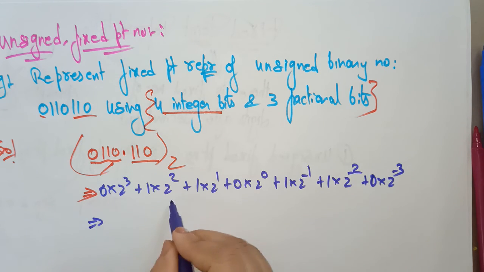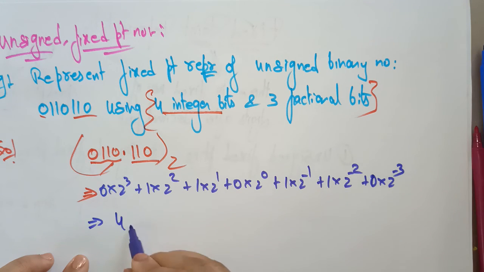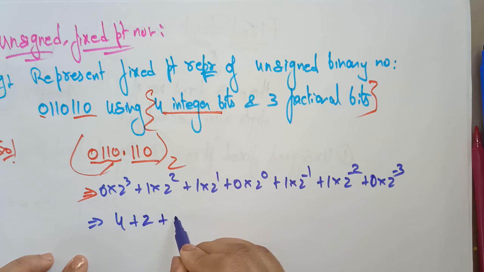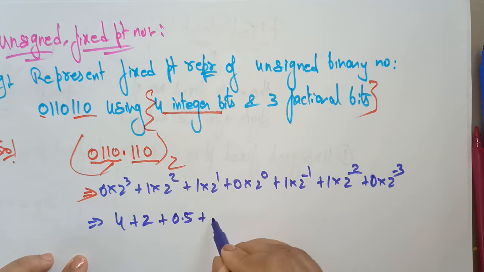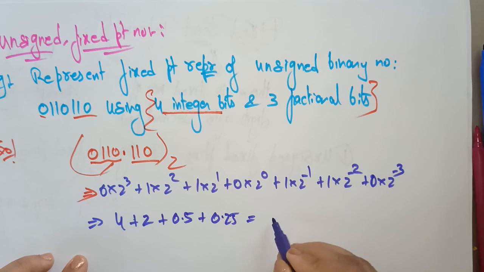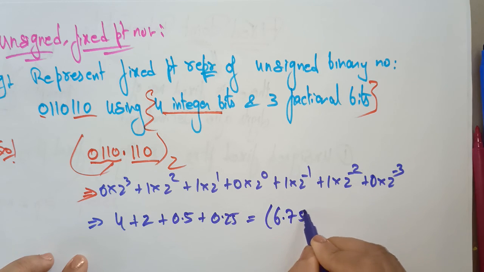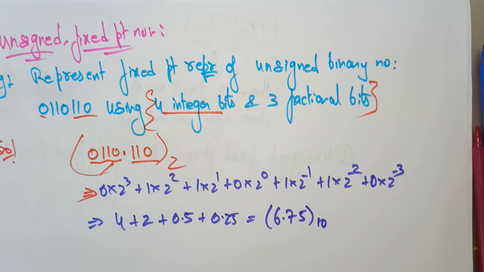Do the calculation. 2 square is 4, 2 power 1 is 2, 2 power minus 1 is 0.5, and 2 power minus 2 is 0.25. You'll get 6.75 to the base 10.